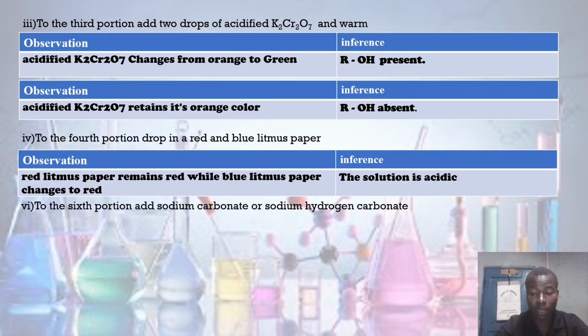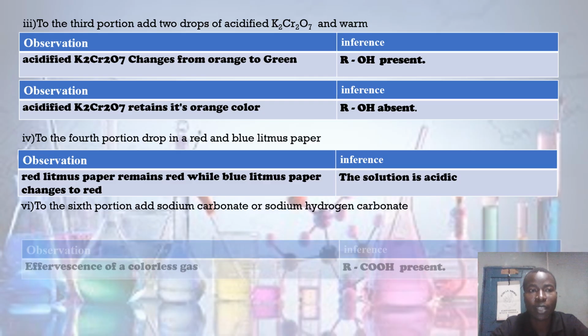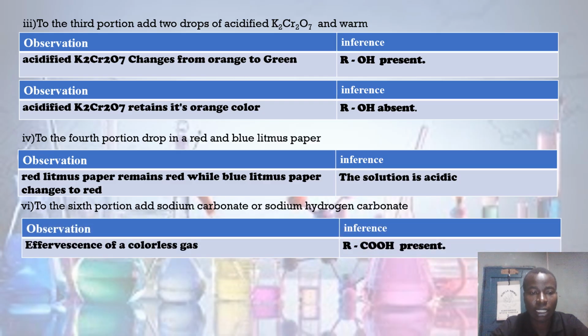Next, we have the use of sodium carbonate or sodium hydrogen carbonate. If you add it in and you see effervescence of a colorless gas, it will imply that the RCOOH is present. And you should always be taking note as you are making your inferences. You are required to write the inferences the way I have written them.